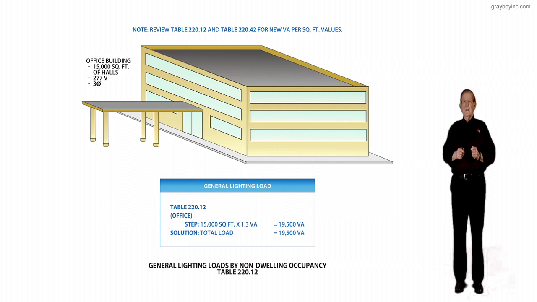Table 220.12. Now, for example, Table 220.12 deals with listed occupancies. Say you're dealing with a welding shop.